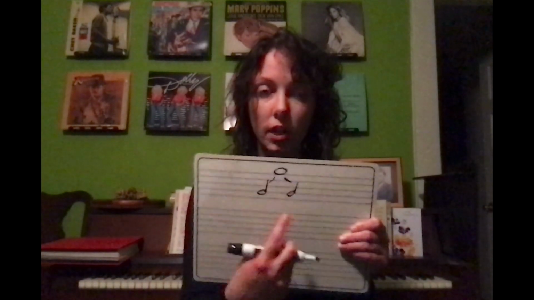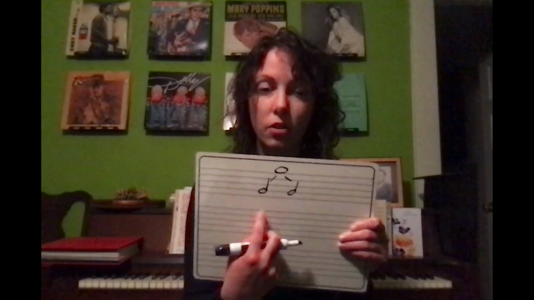So just to review the note values that we have been over, we started out with our whole note, which was our longest duration. And then we moved on to our half notes, which 2 half notes are going to create one whole note. 2 half notes equal one whole note.